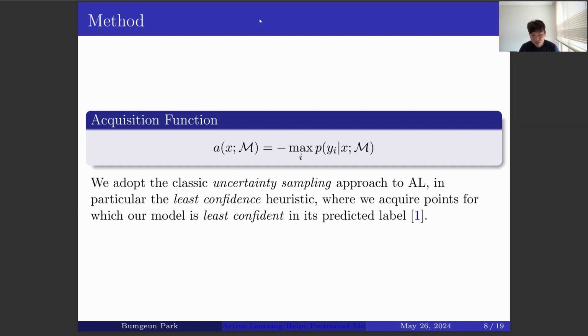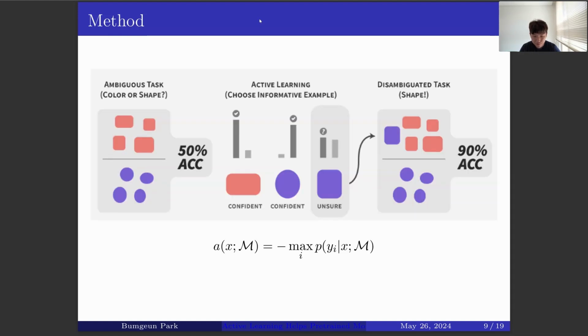In the aforementioned procedure, an acquisition function of the form shown below is employed. This is one of the uncertainty sampling methods, where we acquire points for which our model is least confident in its predicted label. Let's consider a simple example. In this figure, the given task still exhibits ambiguity.